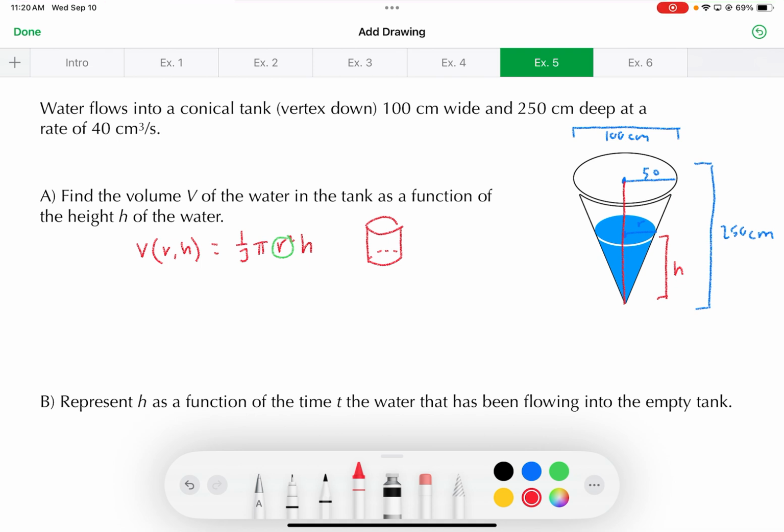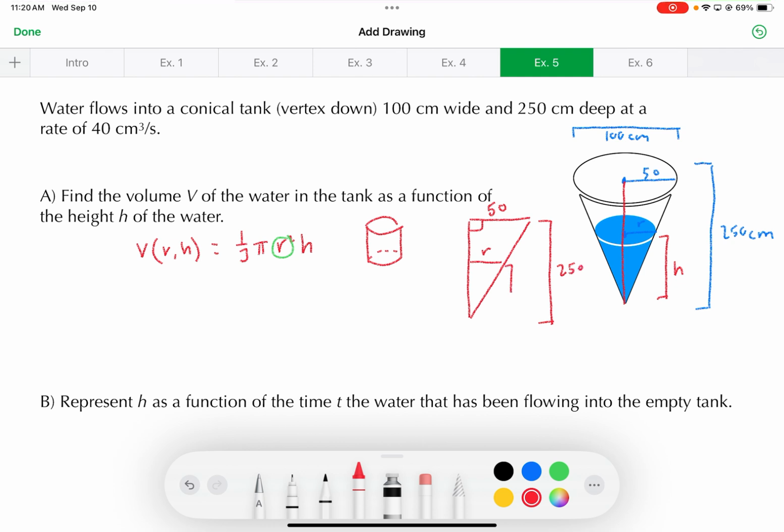Okay, so what I've created here are two triangles that are similar to each other. Let's extrapolate it. The larger triangle we know has a base of 50. The smaller triangle, base of r. Larger triangle, that distance there we know is 250.